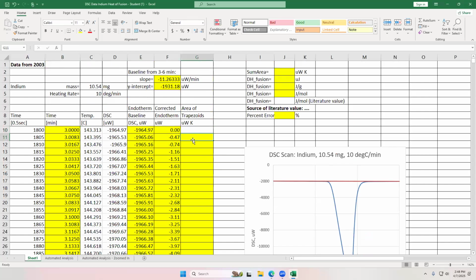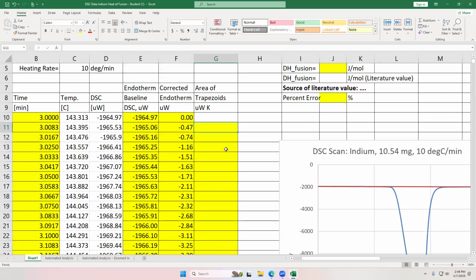What would be our first trapezoid, using the corrected values? They are equal to the average of these two neighboring data points, y1 plus y2, times delta x, which is t2 minus t1.